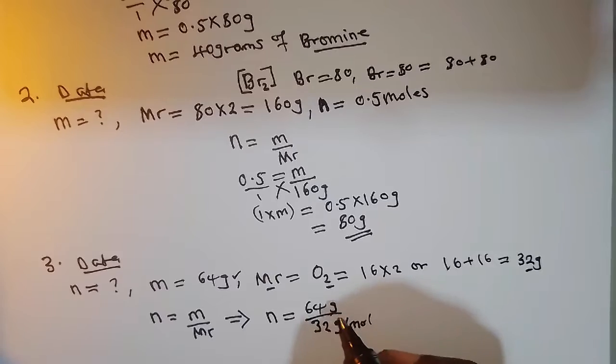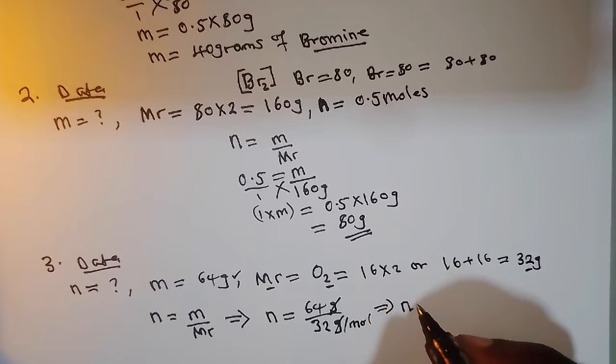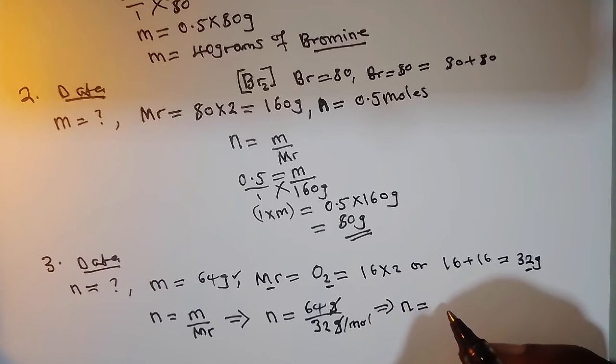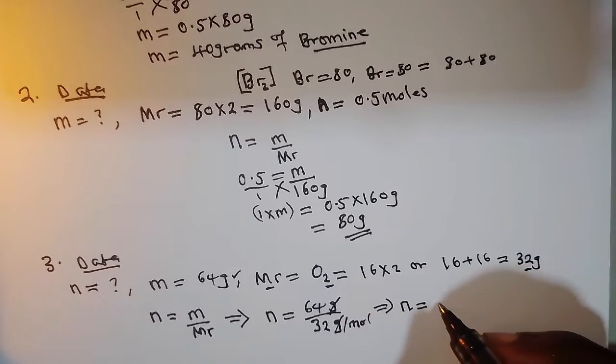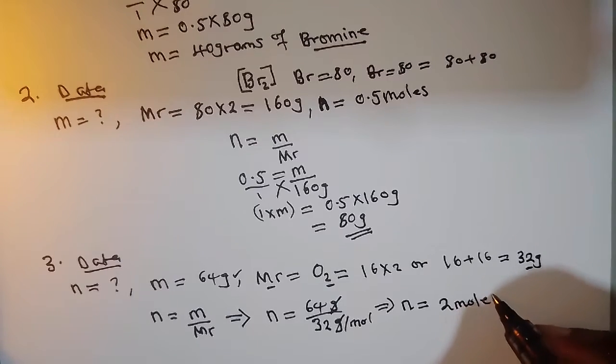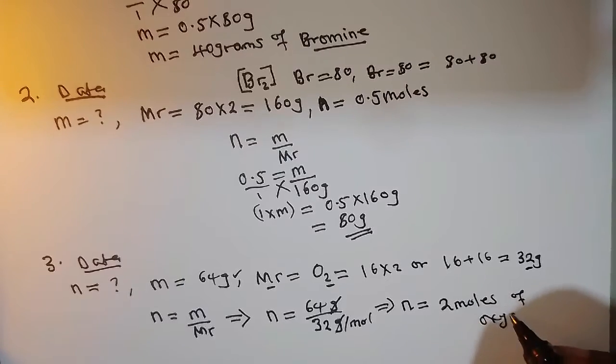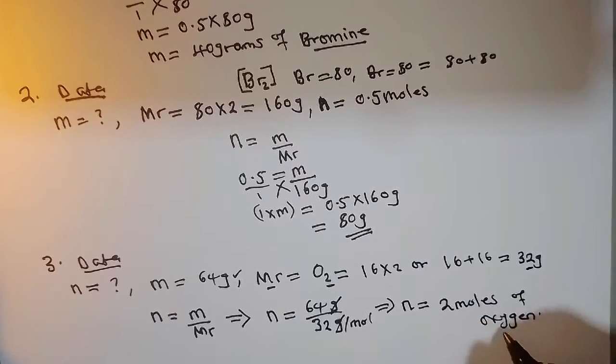The grams cancel, so n is just 64 over 32. You're just going to get 2 moles of oxygen.